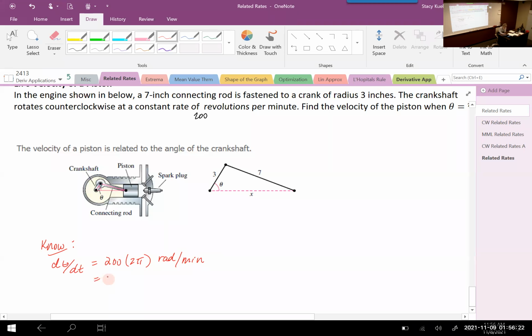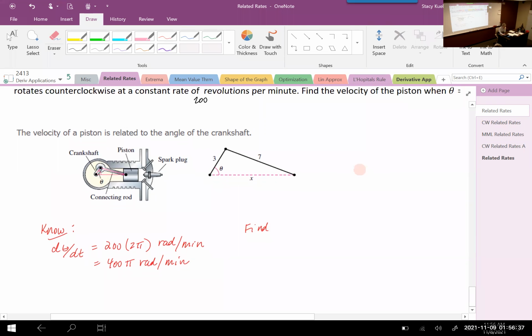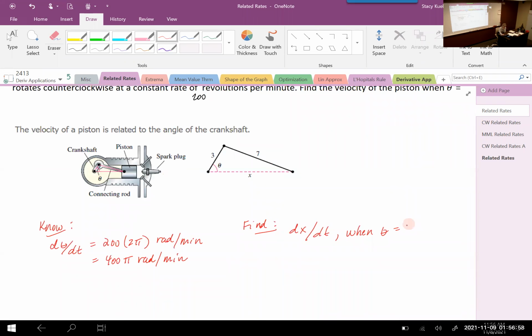So we have 400 pi radians per minute. And we want to find the velocity of the piston, which is how fast this is changing, right? Because this is moving. Find dx dt when theta is equal to pi over 3.